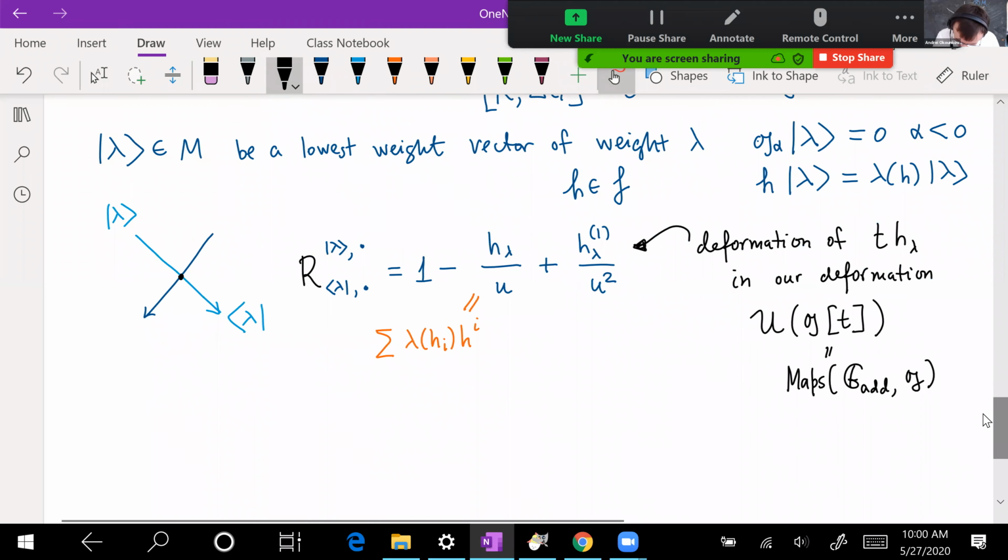So geometrically, what this records, maybe I'll give this away since it's important.